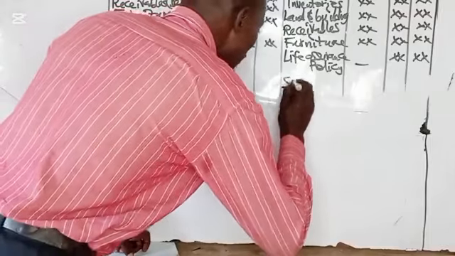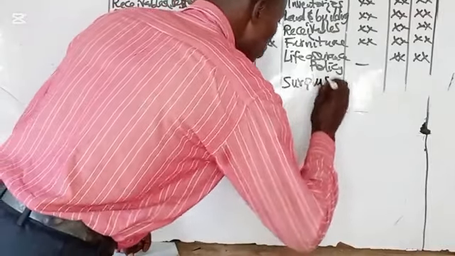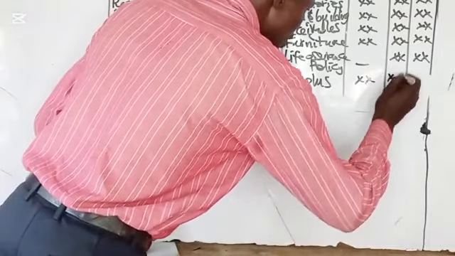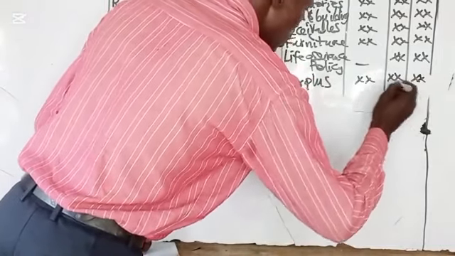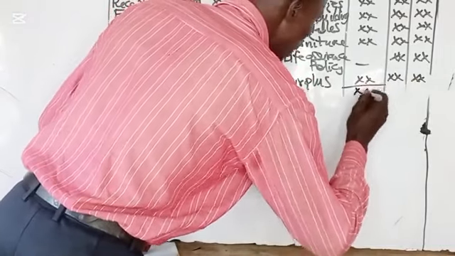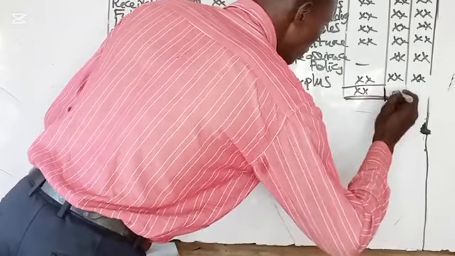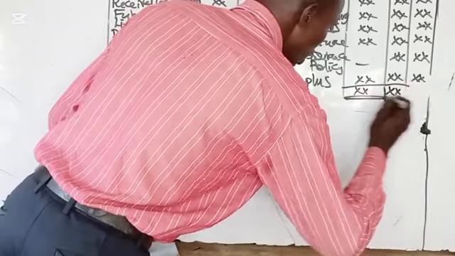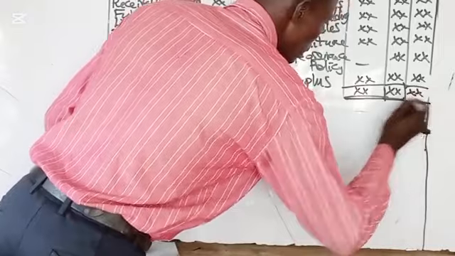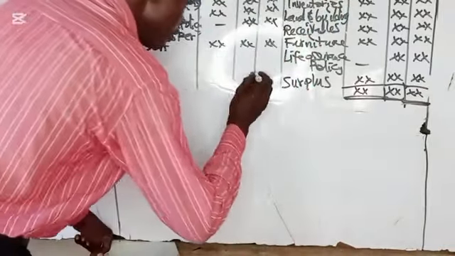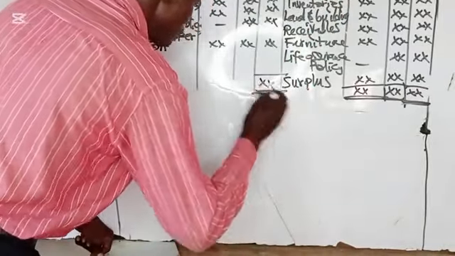Plus, as per statement of affairs. Remember, I've told you you either have surplus or deficiency, not both. So you might end up having surplus or deficiency, not both. Then the deficiency account will balance itself.